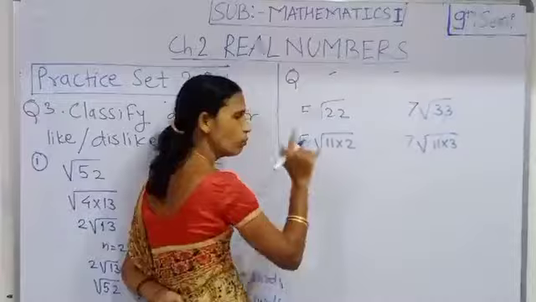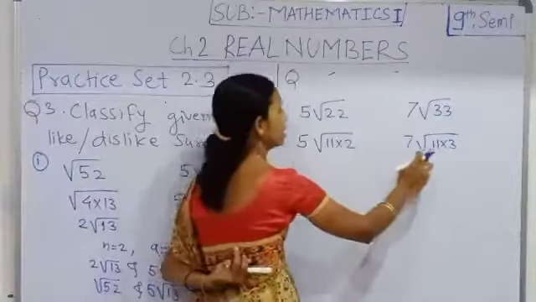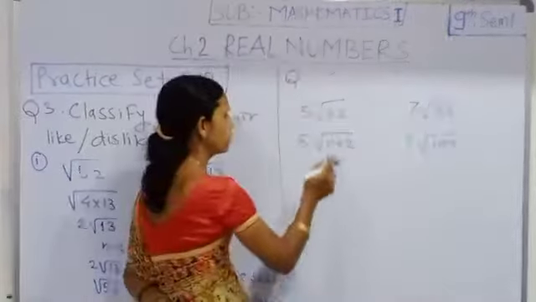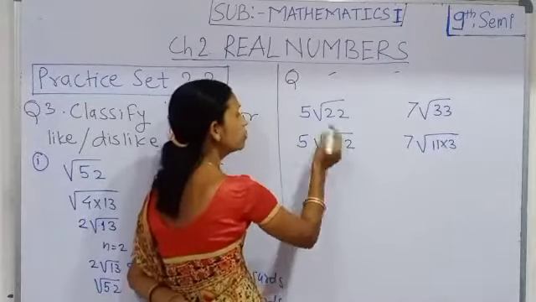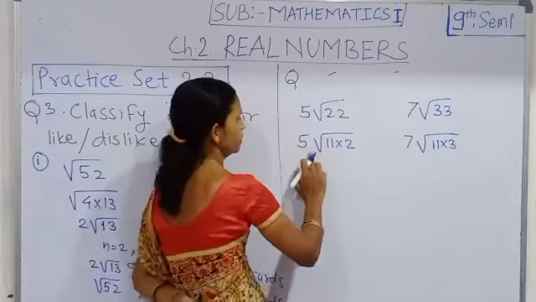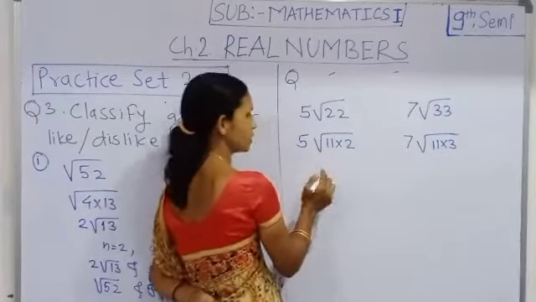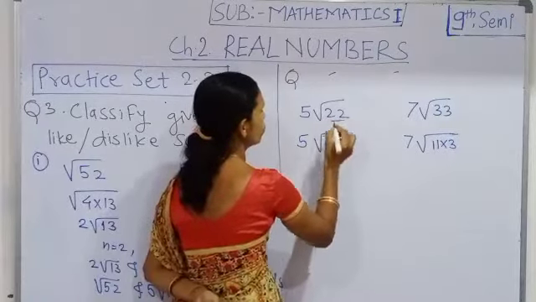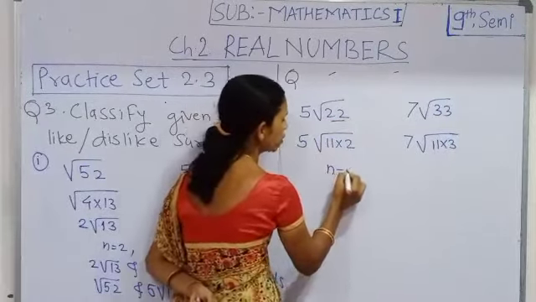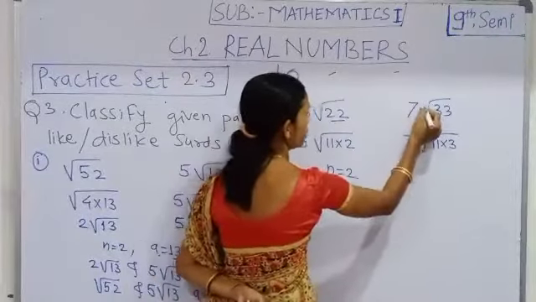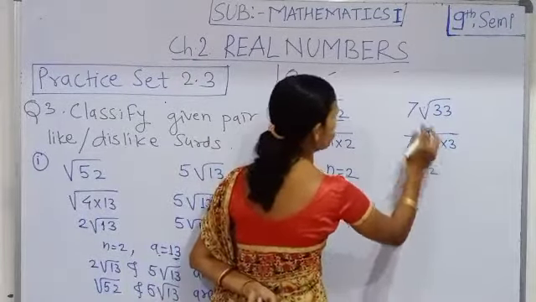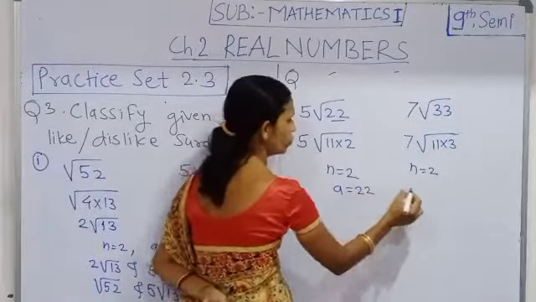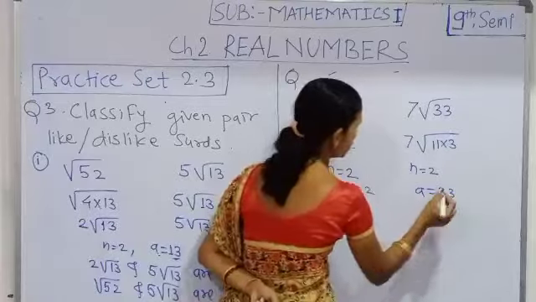But 11 and 2 both are prime numbers, as well as 11 and 3 both are prime numbers. Therefore, we can't convert it into a simpler form. Therefore, see here 5 root 22, in which n is equal to 2, and here n is also equal to 2. But here a is 22 and here a is 33.